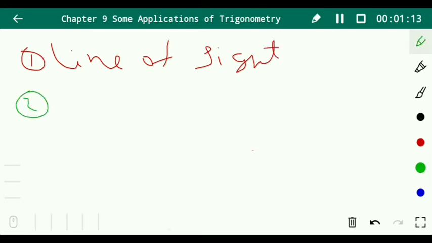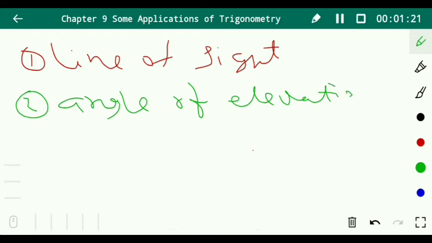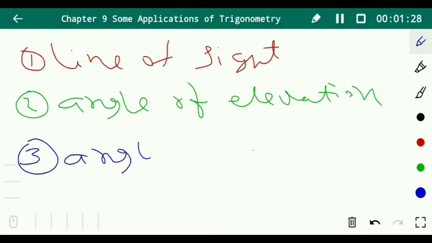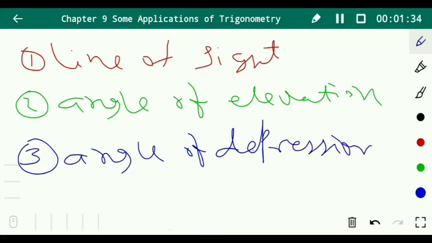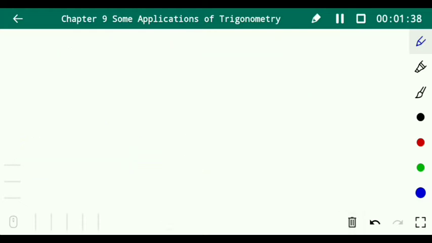Second is angle of elevation. And third one is angle of depression.